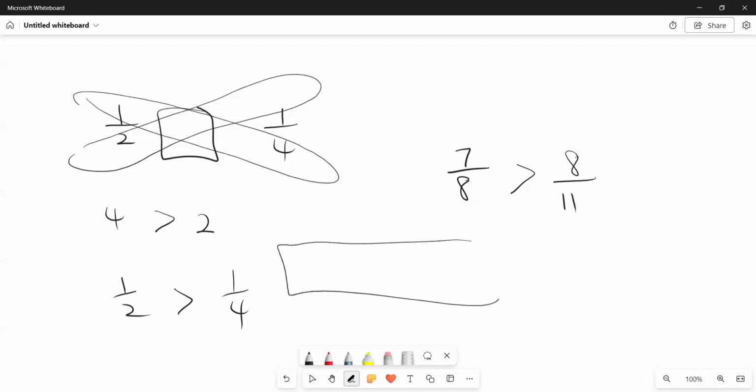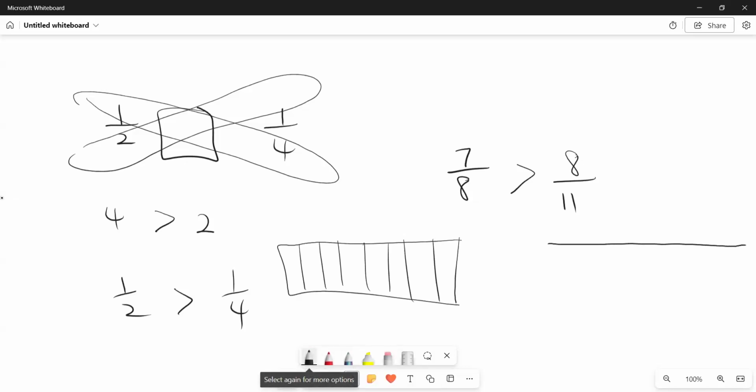If we were to take a piece of thing here and divide it 1, 2, 3, 4, 5, 6, 7, 8, right? Let me erase this piece. And then take this and go with 11s now.